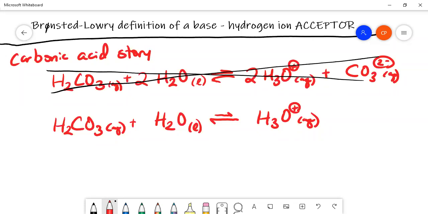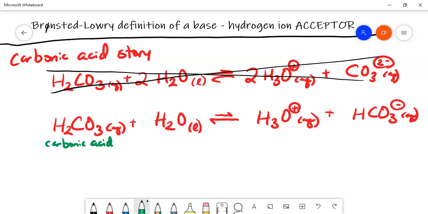If I only break one hydrogen ion free from H2CO3, what gets left behind? H2CO3 is carbonic acid.